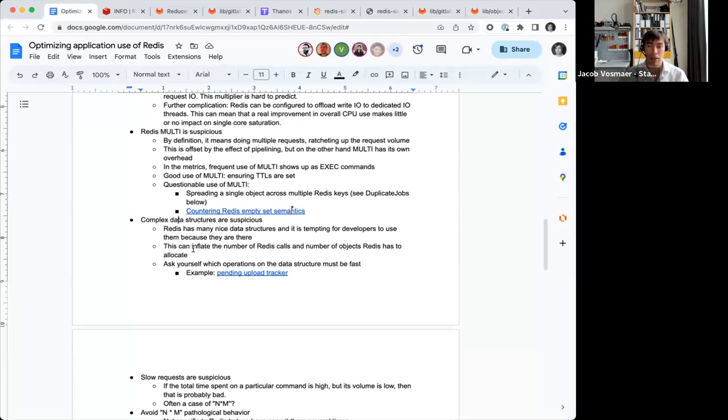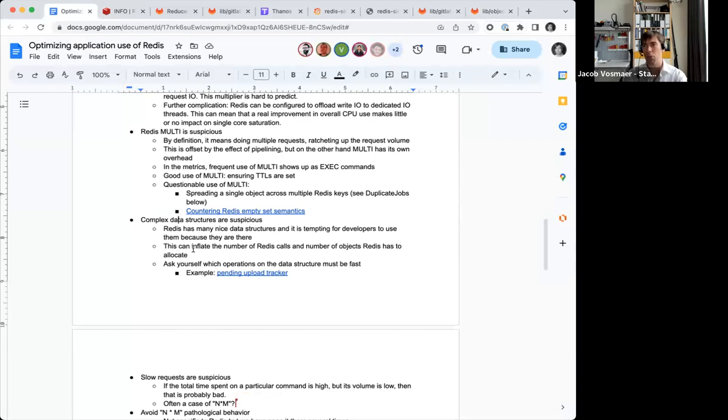But you don't always need the complex data structure, and ultimately this is a design problem where it's difficult to give rules about what to do. But the more structure you push, there's a cost to putting structure into a database.